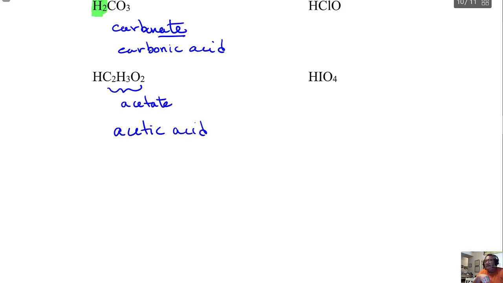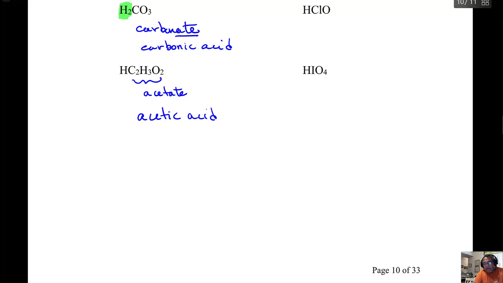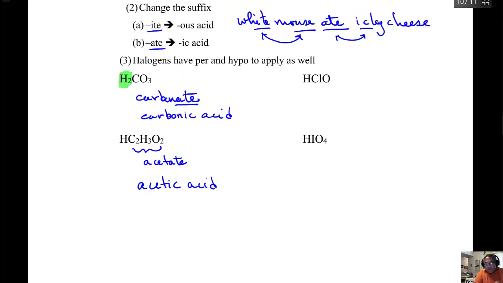And this is the acid that we have in vinegar. It's about a 5% acetic acid solution, and that's what makes vinegar. It's also what makes vinegar sour. Most of the acids are sour.